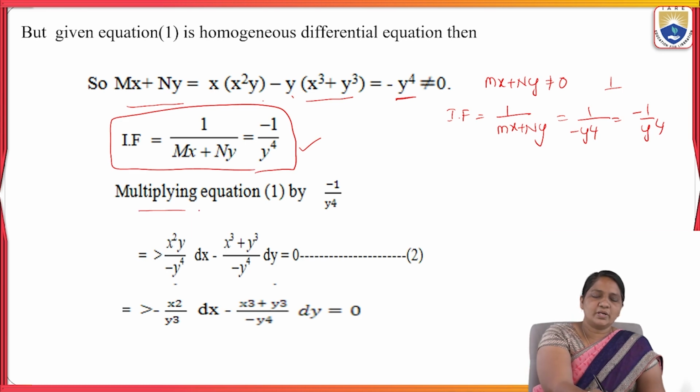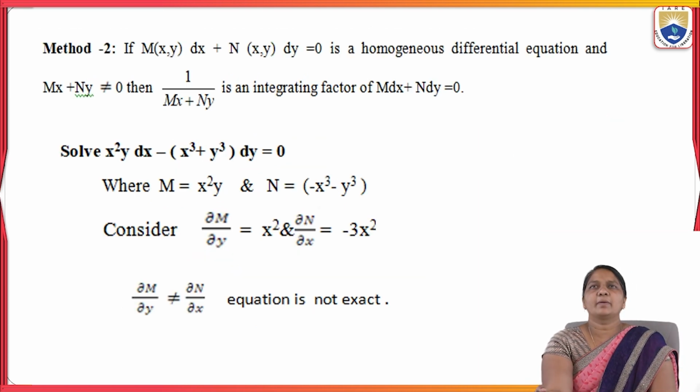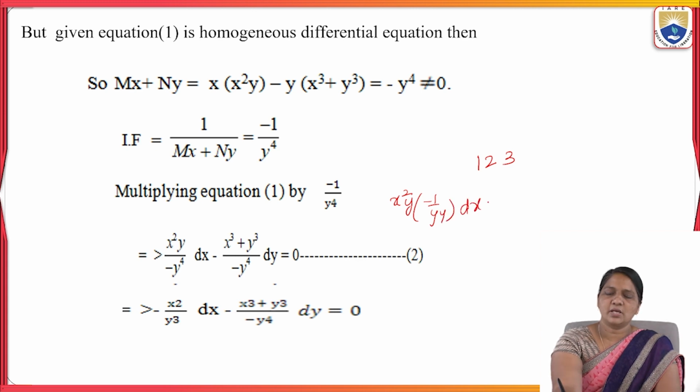So we are going to multiply equation 1 by 1 by mx plus ny, and the value is minus 1 by y power 4. So we are multiplying the given equation: x square y into minus 1 by y power 4 into dx minus x cube plus y cube into minus 1 by y power 4 into dy equal to 0.